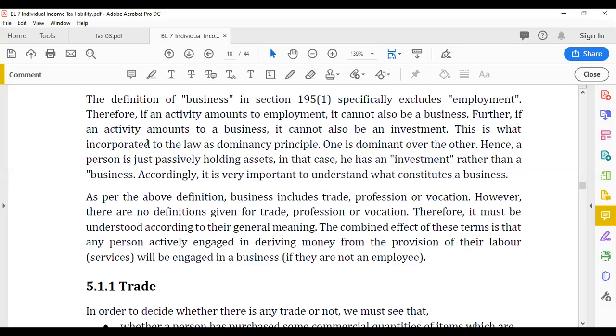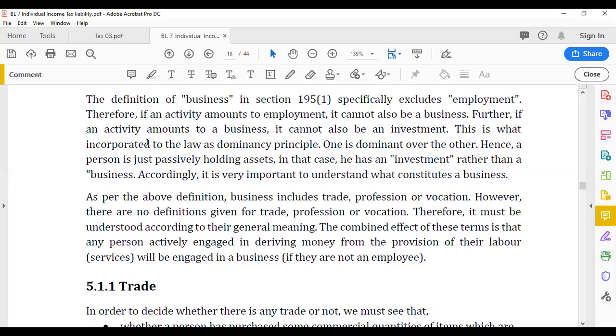Say, for example, one person, Mr. X, buys and sells land, real estate. He's not doing that buying and selling frequently, right? Today he purchased a land and he holds that land for a period of time, say 5 years or 6 years or 3 years.